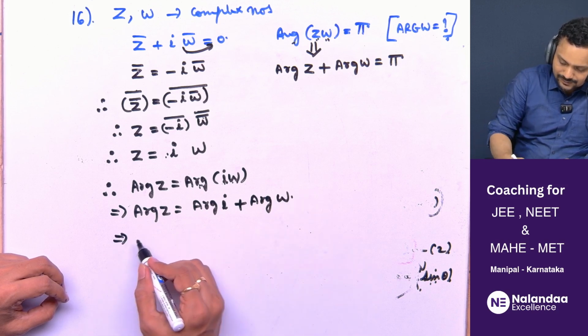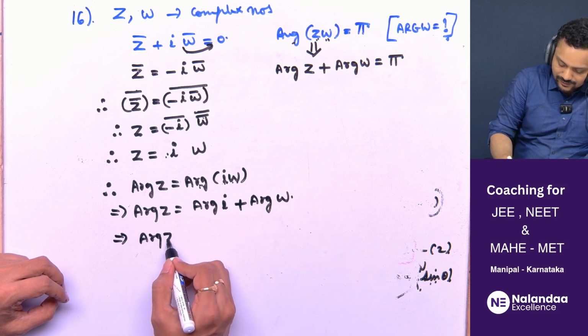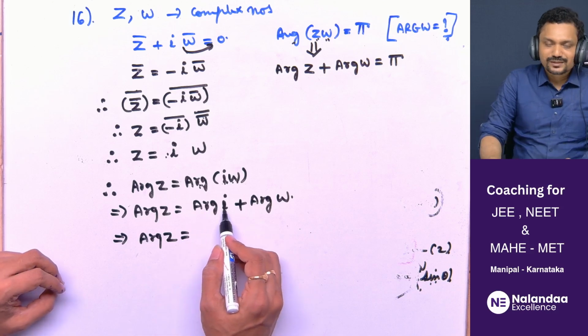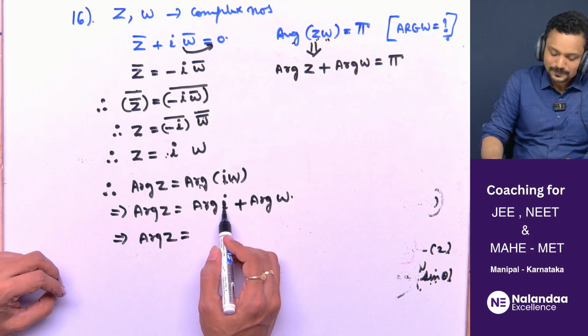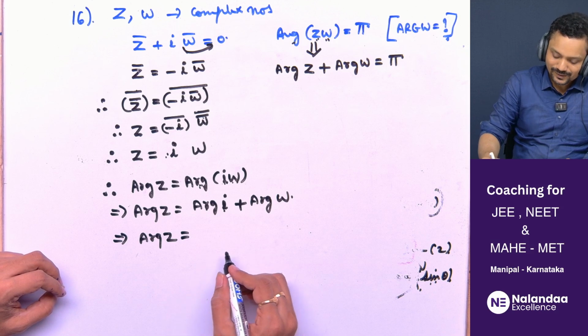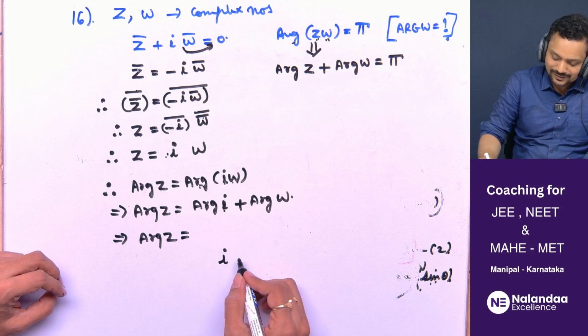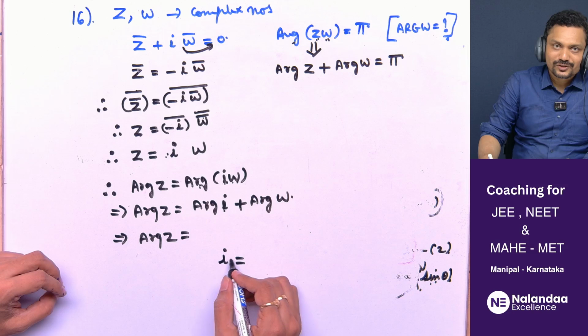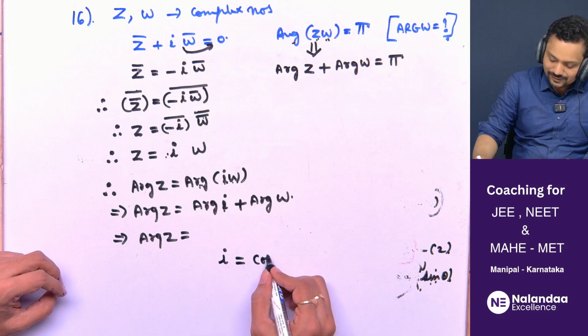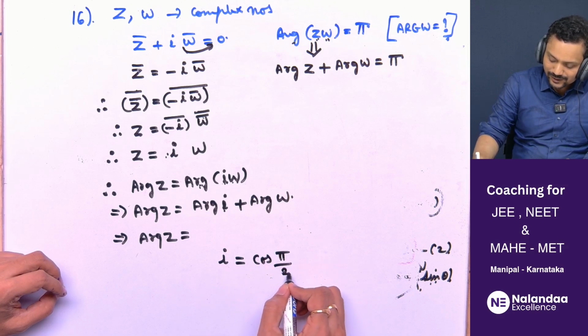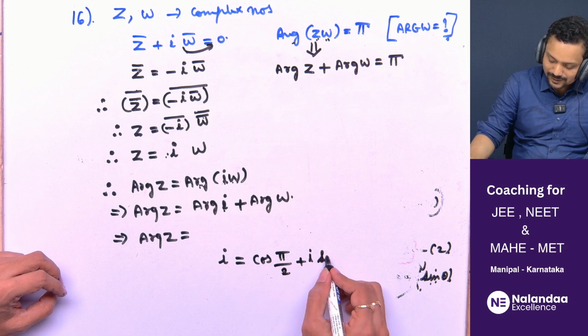and this implies argument of z is equal to, anybody can tell me what is argument of I? Today we saw the polar form of I. I is cos pi by 2 plus I sin pi by 2.